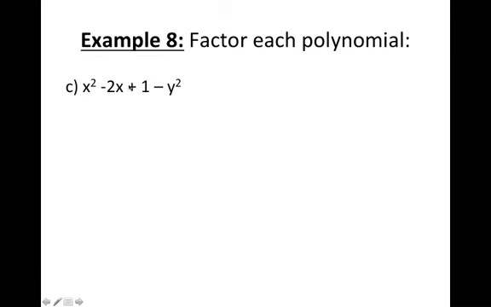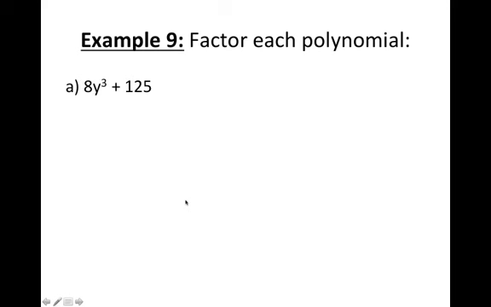We have x squared minus 2 times x, and there's an understood times 1 there, plus 1 squared. Let's group these 3 together. Okay, let's do these 3 and this 1. Because this is x minus 1 squared, and y squared is a perfect square. So we can factor that as a difference of squares: the first base, x minus 1, plus the second base, y, times the first base, x minus 1, minus the second base, so minus y.